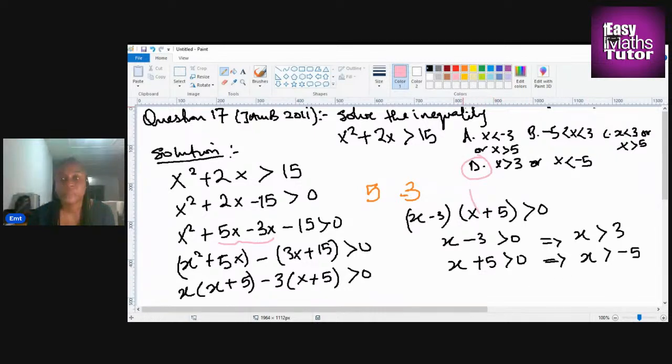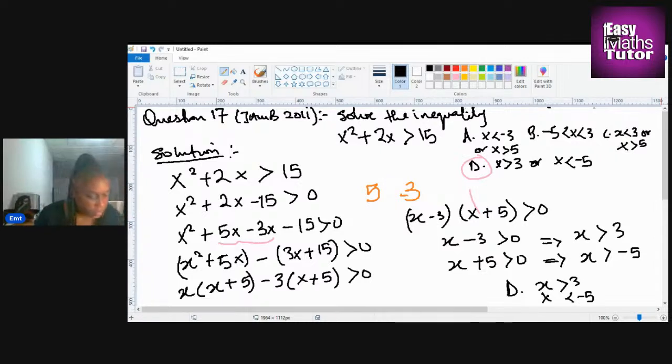Option D is x greater than 3 or x less than minus 5, which is not the same thing as this. Trying to look through the options to see the correct explanation.